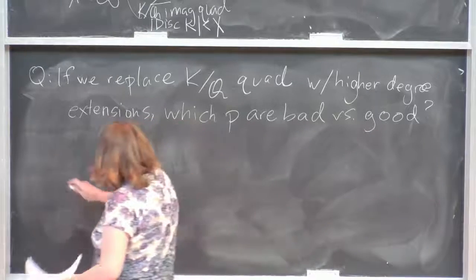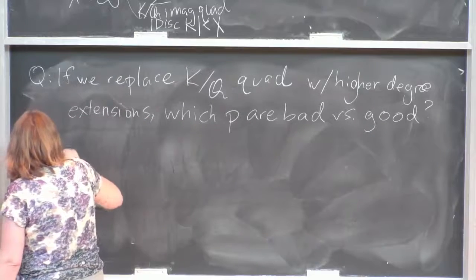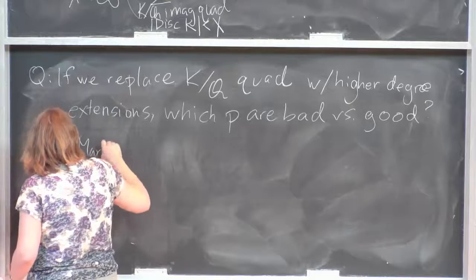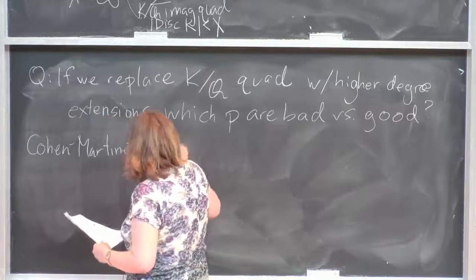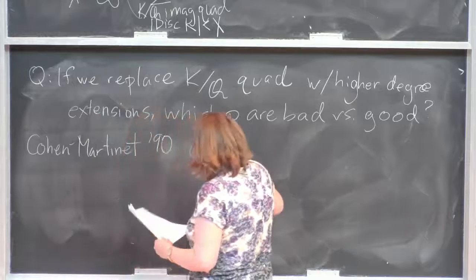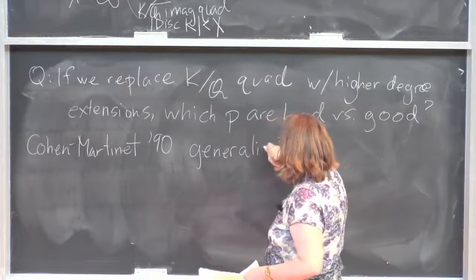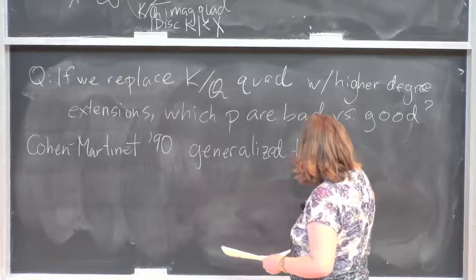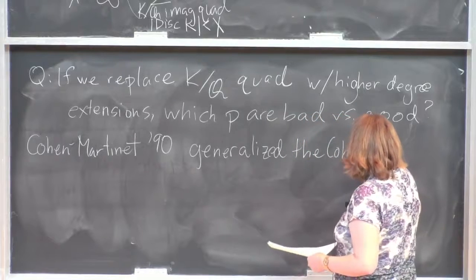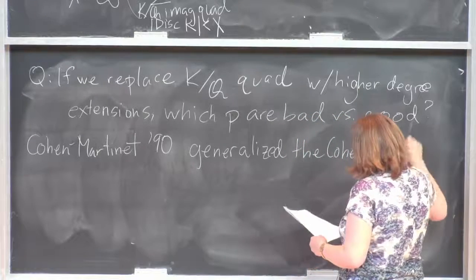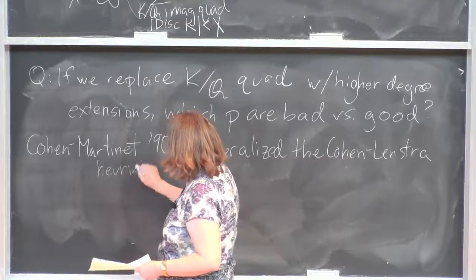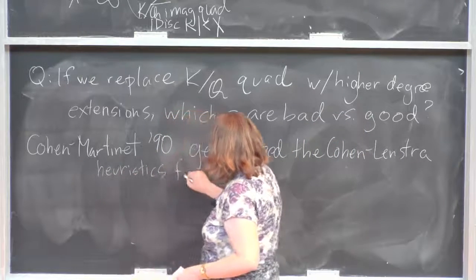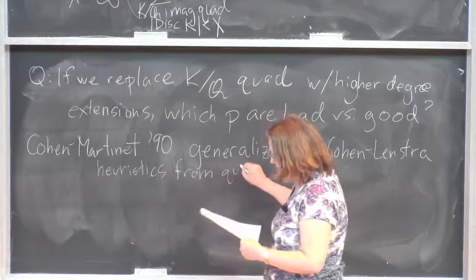So Cohen and Martinet in 1990 generalized the Cohen-Lenstra heuristics from quadratic to arbitrary degree.